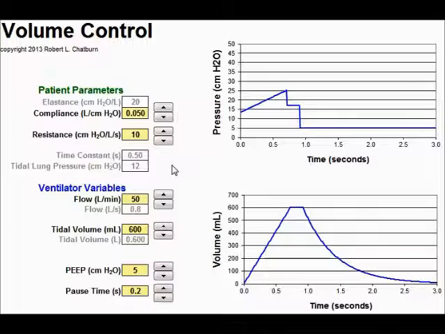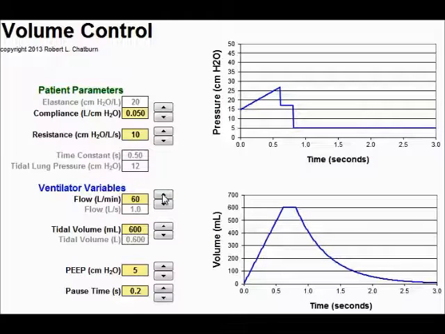Say the patient's under sedated, very agitated, or spikes a fever and their minute ventilation demand goes up, and they need a higher flow rate. The practitioner has to increase the flow rate. And as you notice, when I increase my flow rate, that's going to change my generated pressure also.